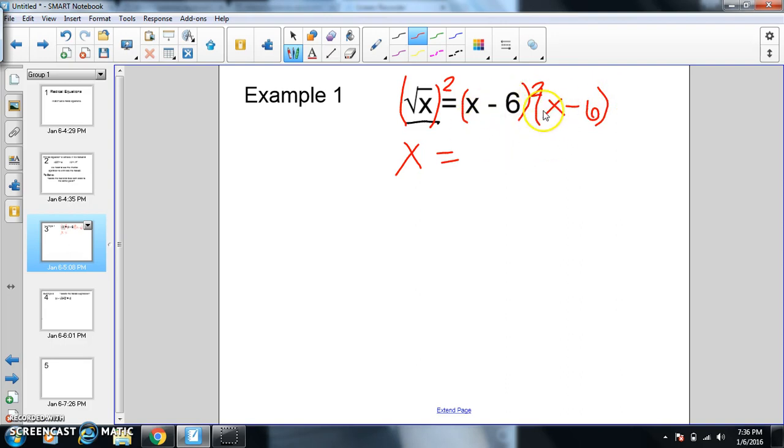So we can FOIL this. So I'm going to have x squared minus 6x minus 6x is going to be minus 12x. Negative 6 times negative 6 is plus 36.